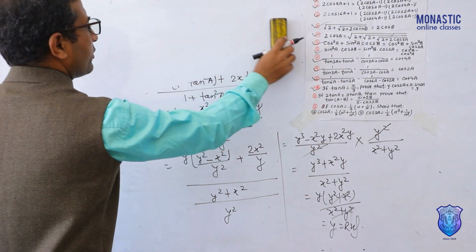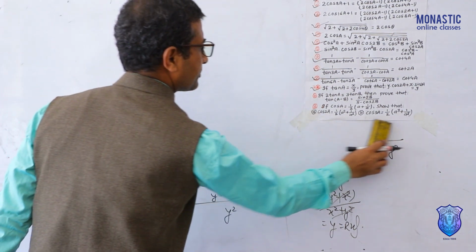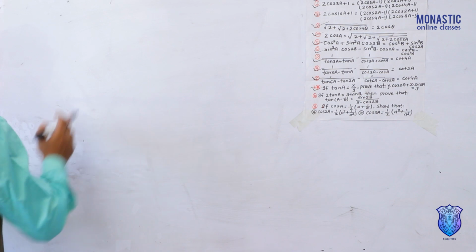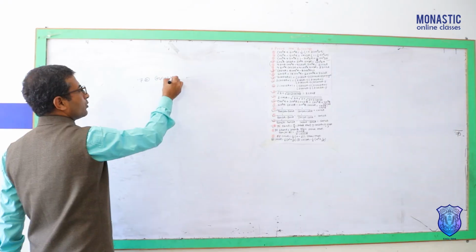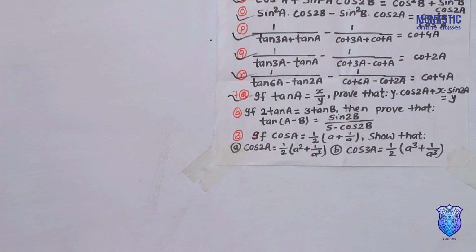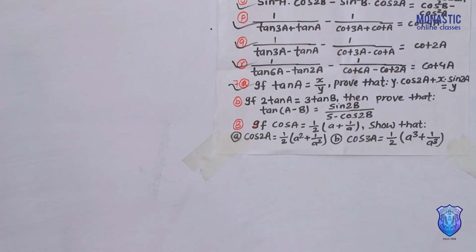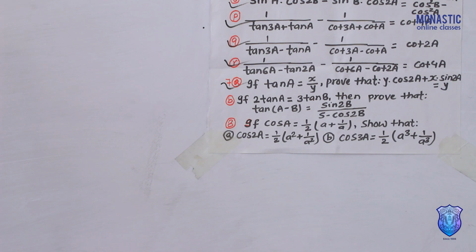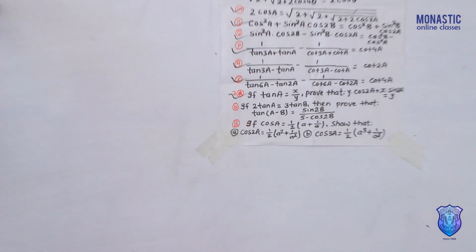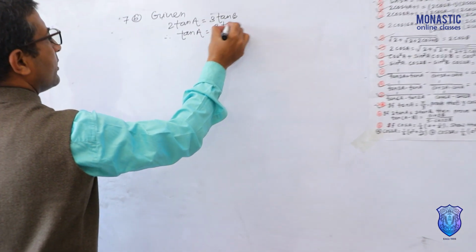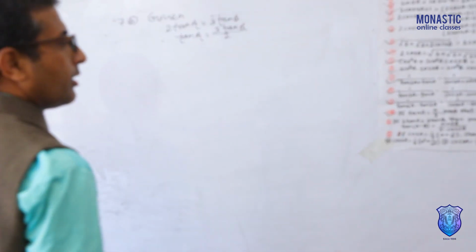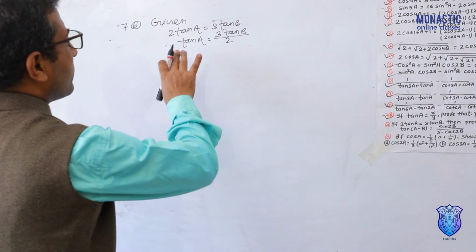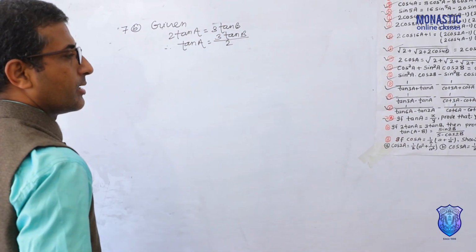Now in question number 7b, it is given 2 tan A equal 3 tan B. Therefore, tan A equal 3 tan B by 2. Why we have find the value of tan A?